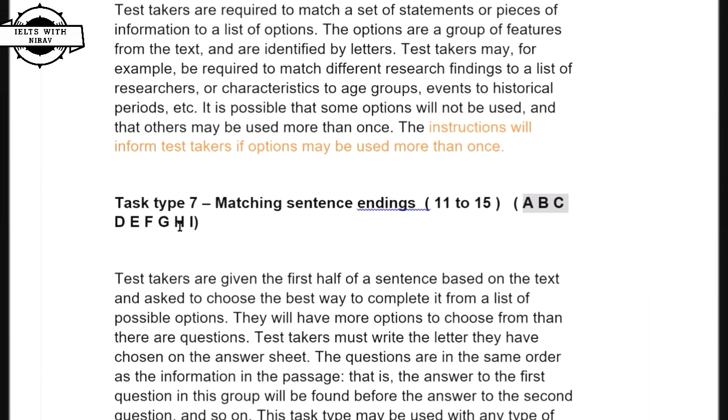Now you have to read the questions and complete them with the help of the given options. Read the instruction. You just have to write the letter, like okay, the answer to question 11 is A, so write down A. Test takers must write the letter they have chosen on the answer sheet. No need to write the full answer, just write the option letter like A, B, C.